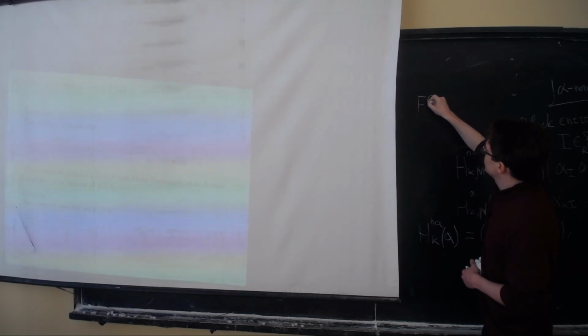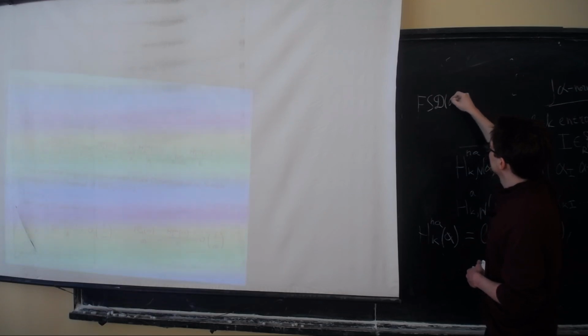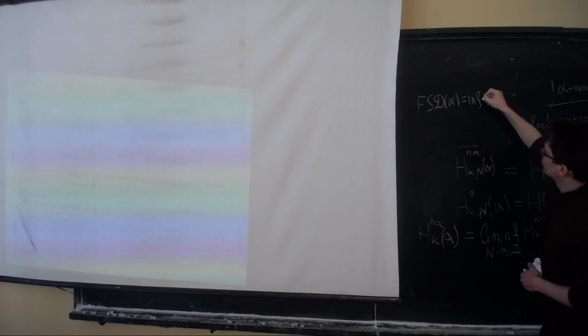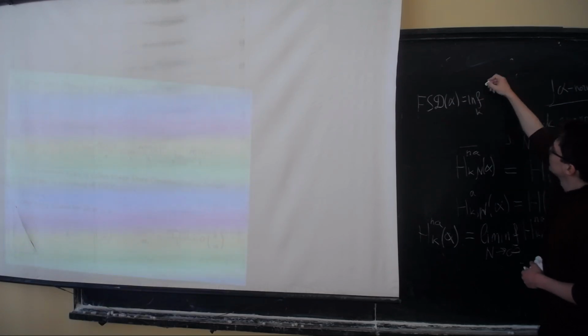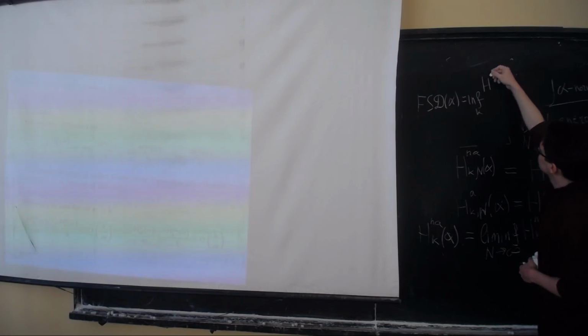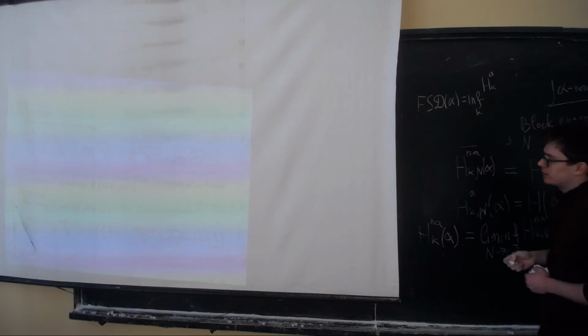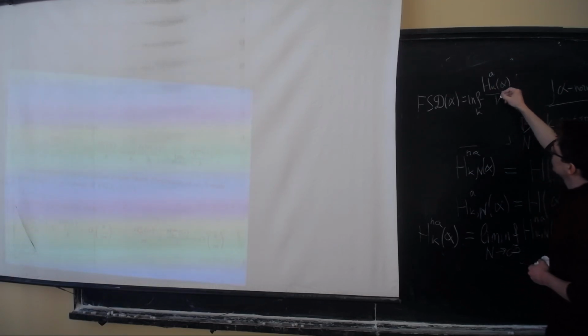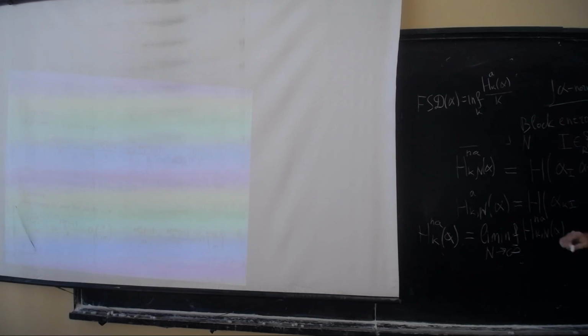The finite state dimension of alpha is the infimum over all k of the block entropy rate for blocks of length k for the aligned case, divided by k. So you normalize this thing, so now it is from 0 to 1, and you take the infimum over all k.